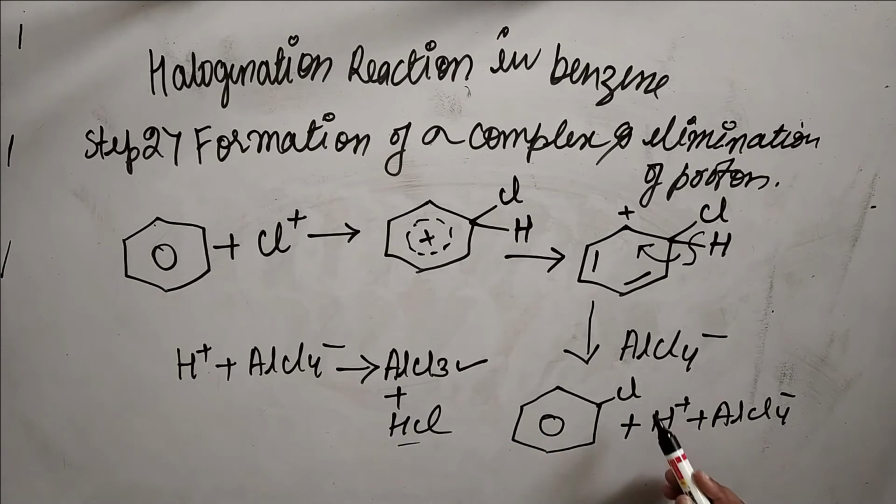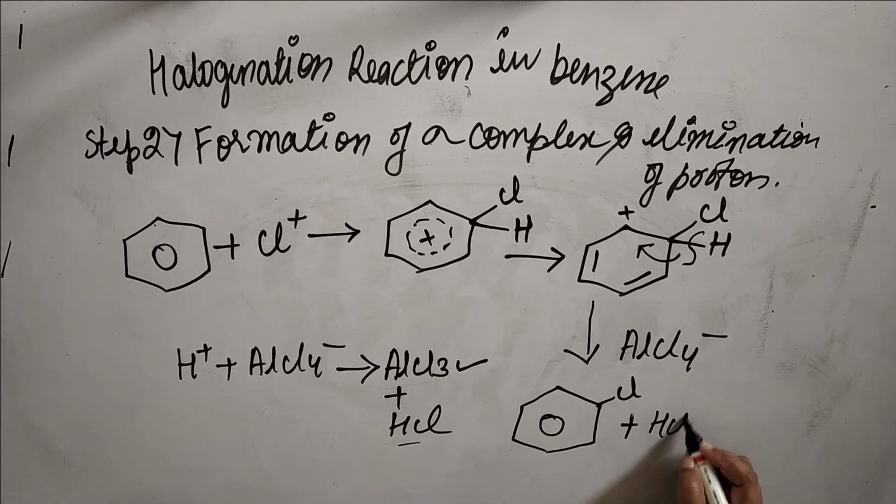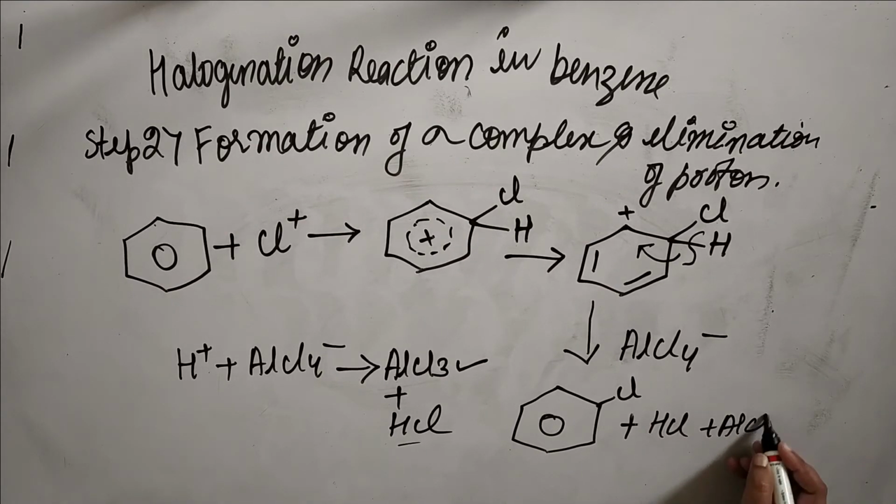So here the substitution reaction occurs, elimination of proton takes place, and again the regeneration of Lewis acid occurs. So this is the halogenation reaction in benzene. So we can write this as HCl plus AlCl3.